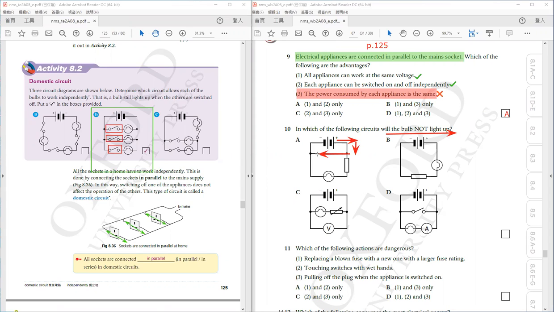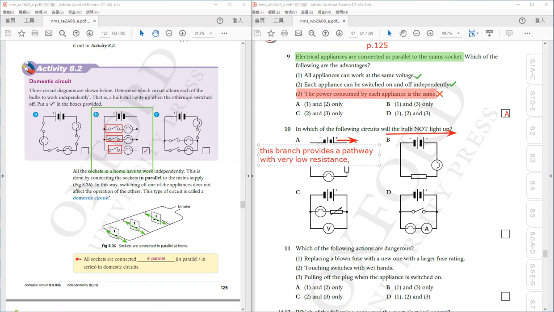This line, this branch provides a pathway with very low resistance.